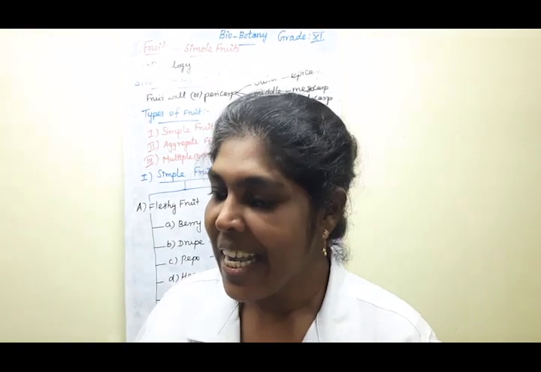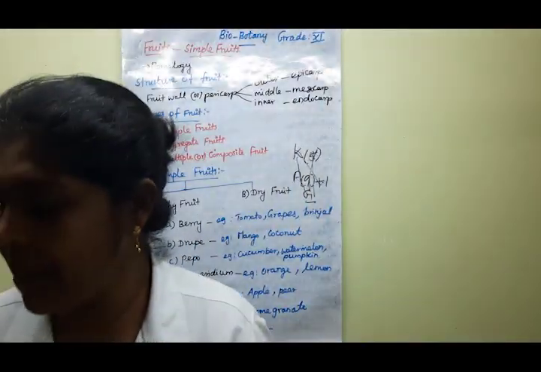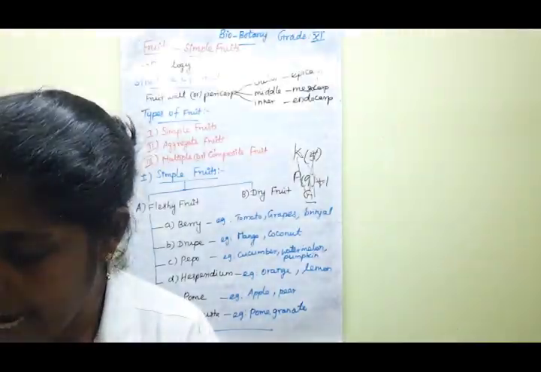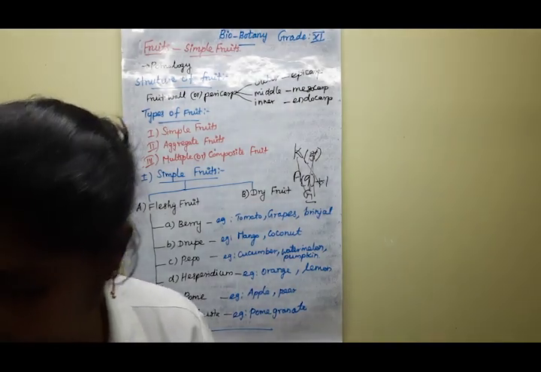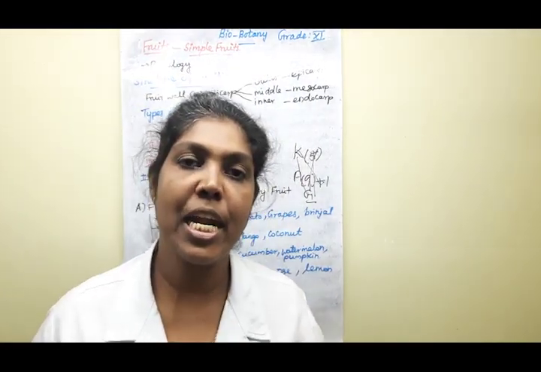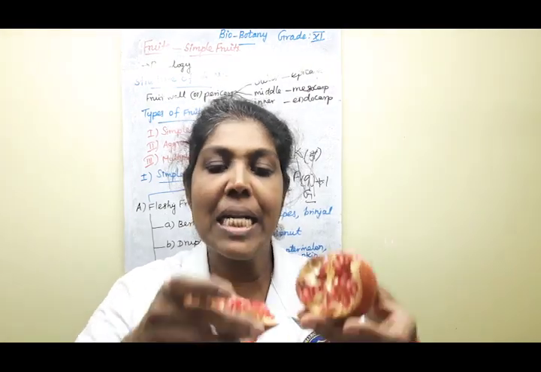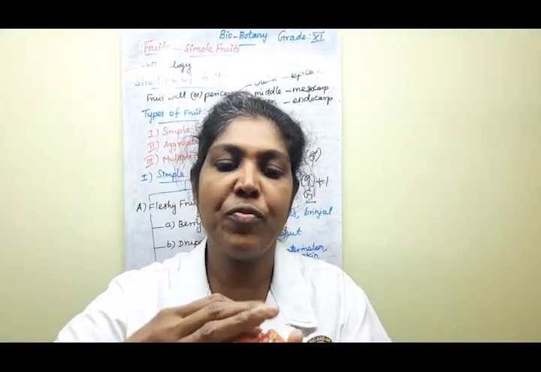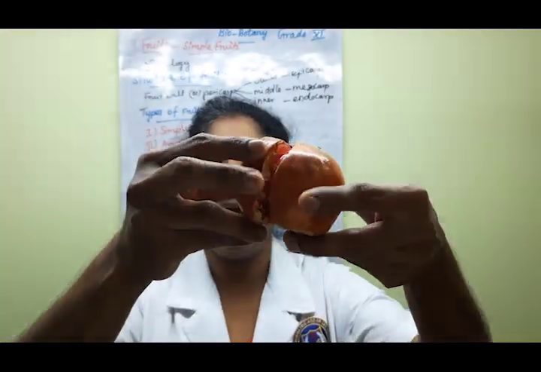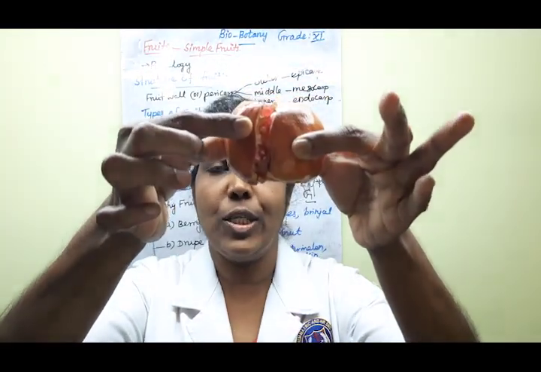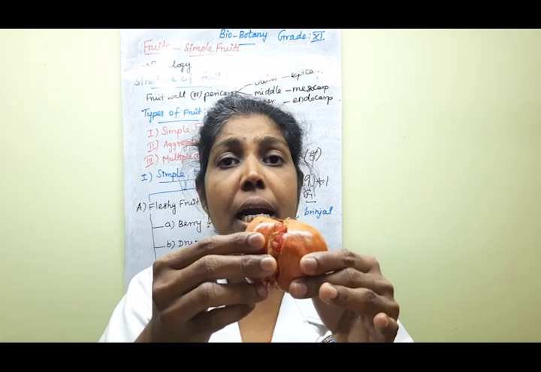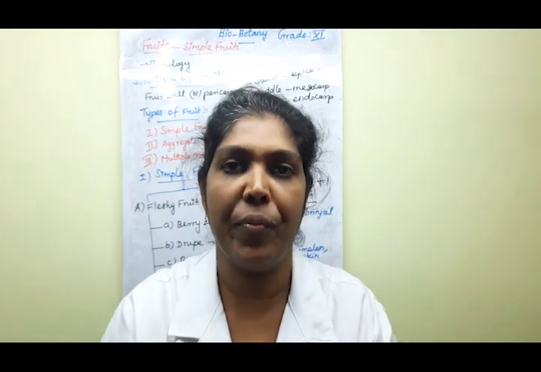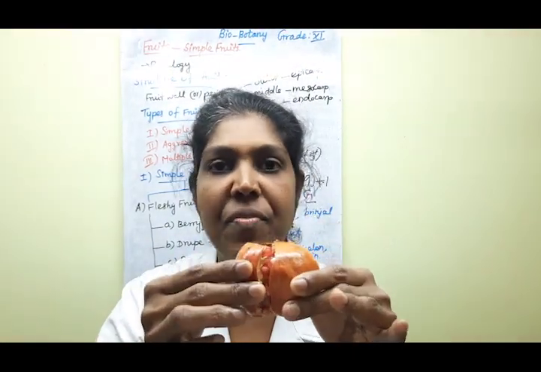Yes, very good. The last type of this fruit is the balausta. This balausta fruit develops from a multicarpellary and multilocular condition, children. As for the position of the ovary, it is an inferior ovary.